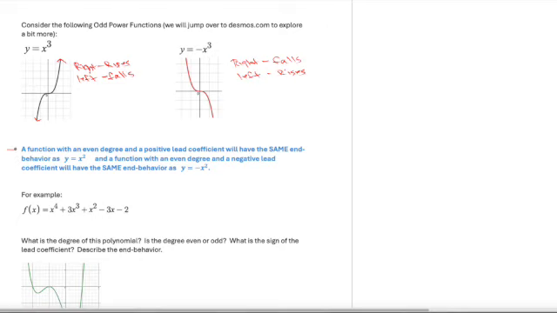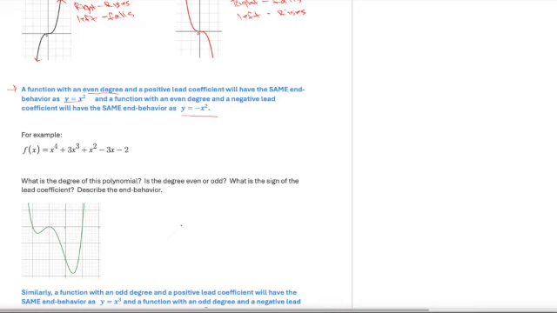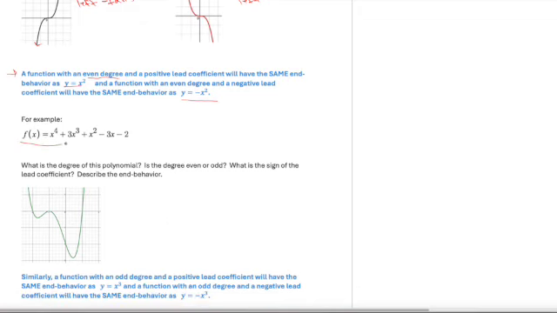So a function with an even degree, like x squared, and a positive lead coefficient will have the same end behavior as y equals x squared. Likewise, a function with an even degree and a negative lead coefficient will have the same end behavior as y equals negative x squared. So for example, if I look at this polynomial function, x to the fourth plus 3x cubed plus x squared minus 3x minus 2, again, focus on that lead term.